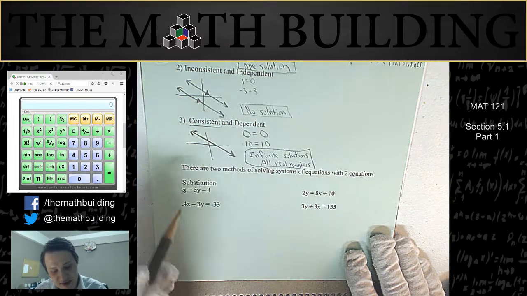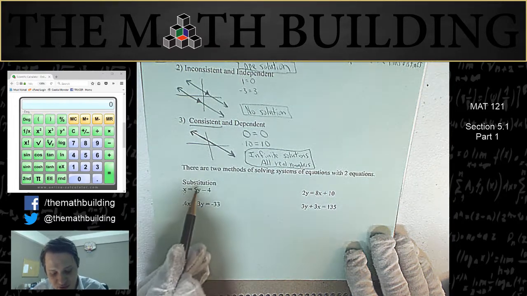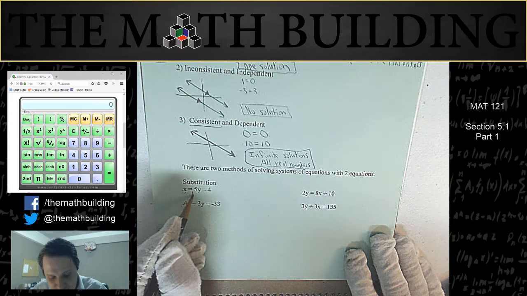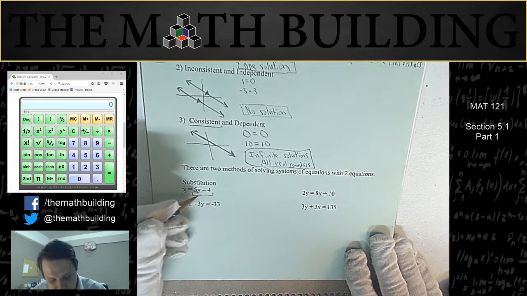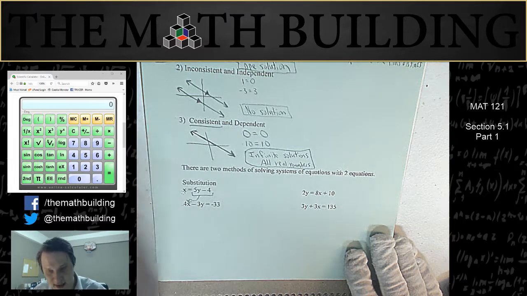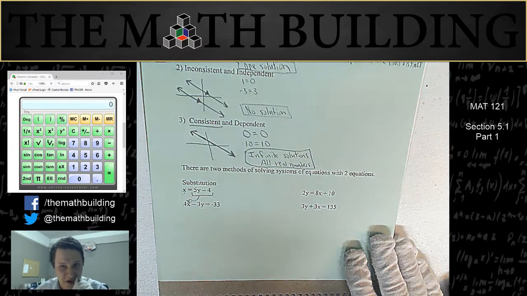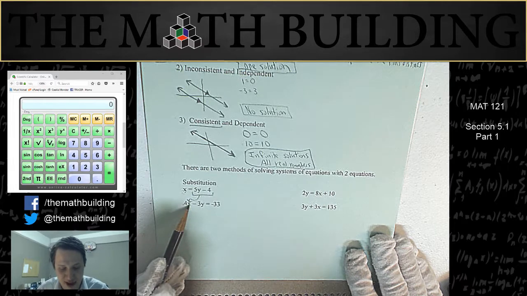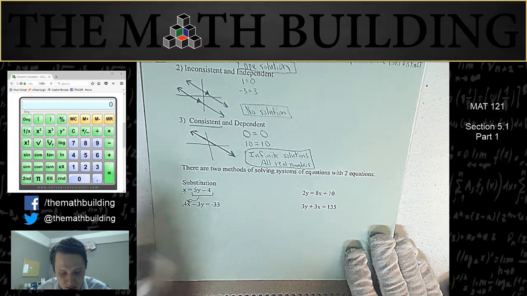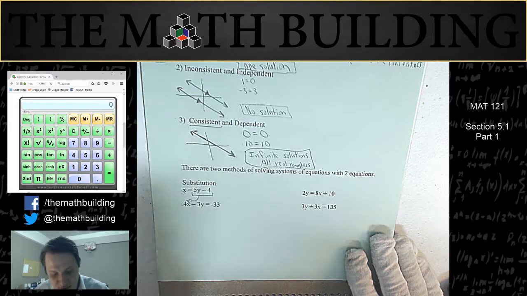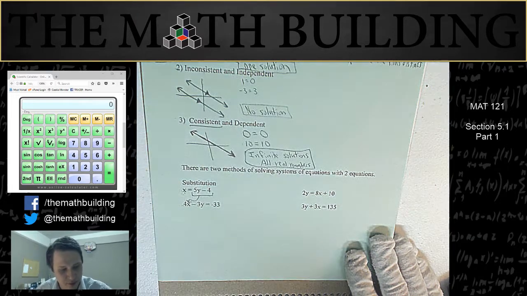And so because these two quantities are equal, because this is the same quantity as x, I can take this quantity and replace x in the other equation. So all I did there is just draw a little arrow. So we can take this quantity and replace x in the other equation because x is equal to 5y minus 4.